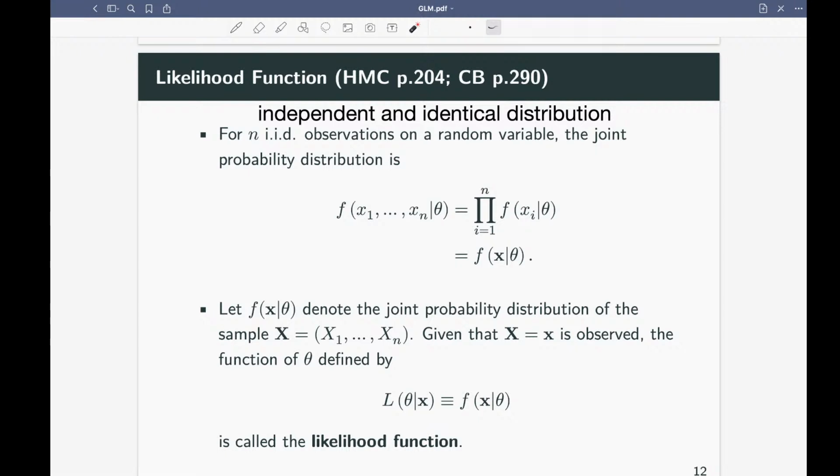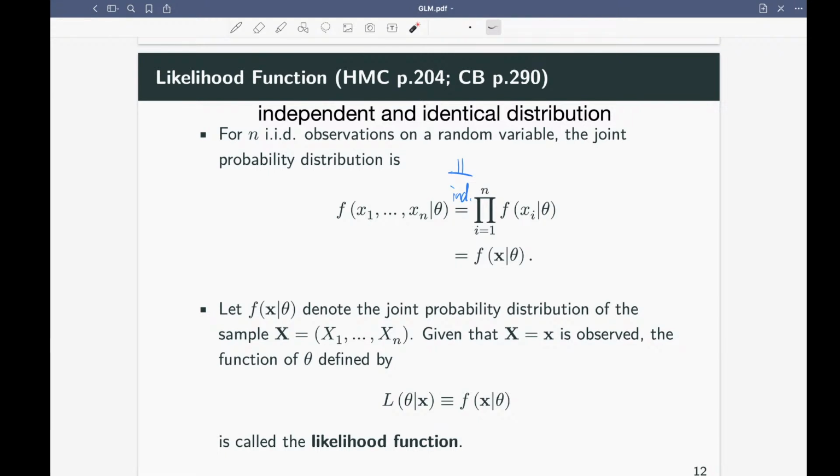Because each term is independent of each other, we can have a product over each term. Sometimes we use this sign, which is an independent sign. Here is the matrix form, X means x1 to xn. So this term is a joint probability model.